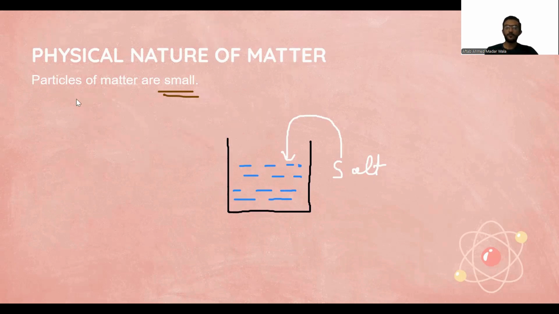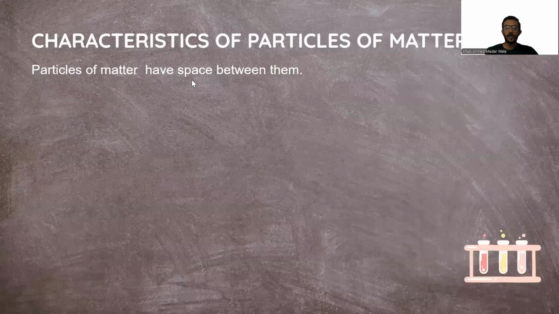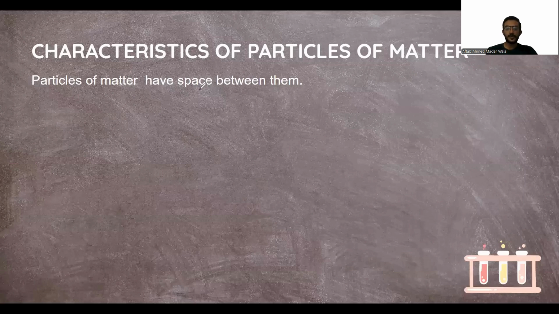Okay. Now moving ahead, we'll talk about some of the characteristics of particles of matter. Let's start with the first one, which says that particles of matter have space between them. Now, can you tell me how we can prove this?